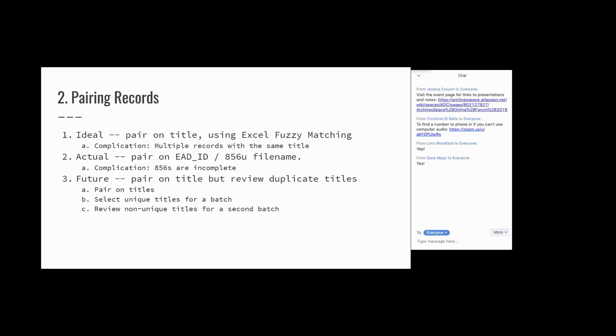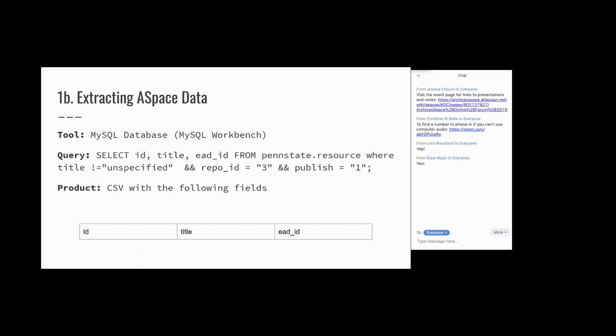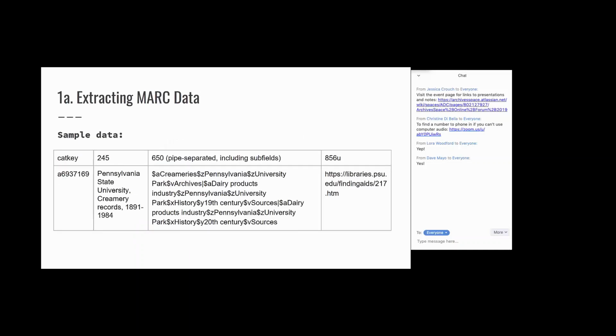Now ideally I would pair records on the title. They pretty much all uniquely match. I think anyone who's ever looked at MARC records and ArchivesSpace records for the same collection knows that that almost never happens. We also had multiple records with the same or similar titles. So I started off by pairing on the EAD ID, which was the file name from the 856 subfield U. So you see the 217 there, .htm.